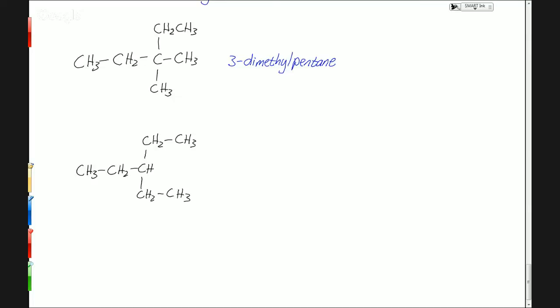Well, isn't the longest one? Oh, sorry, I forgot the rest. Yeah, so the longest chain here is going to be this one, which is 5. And then we can number 1, 2, 3, 4, 5. So both of those methyl substituents are on carbon 3. So that's the only issue with this name: each substituent needs its own number. So it should be 3,3-dimethyl instead of just 3-dimethyl.